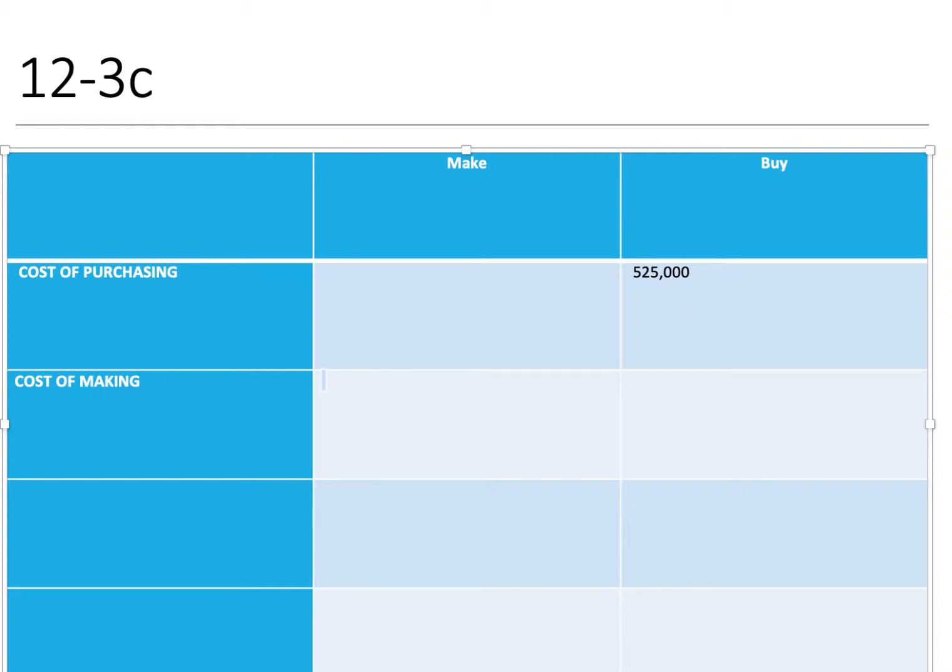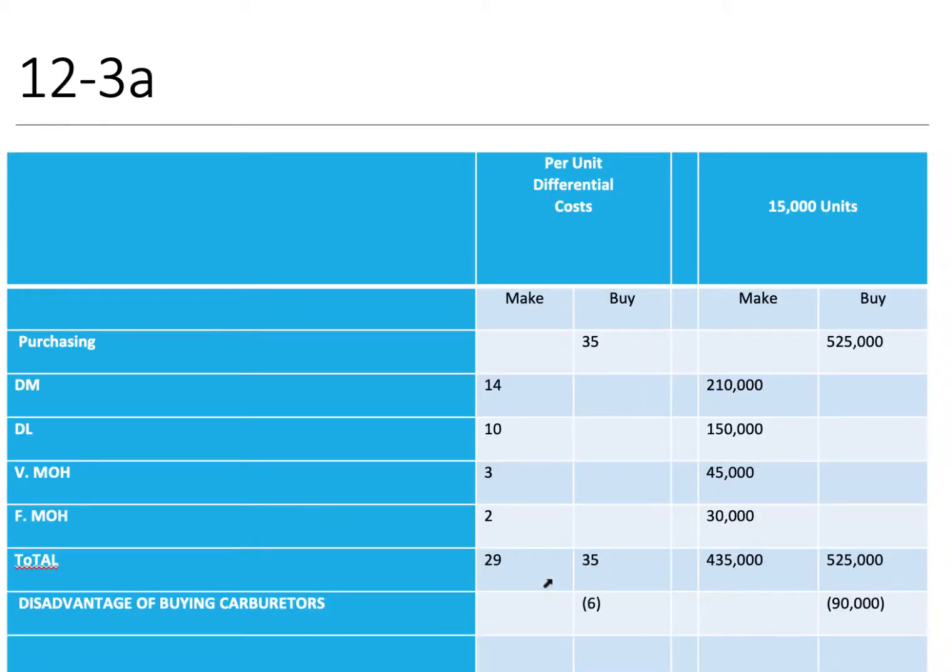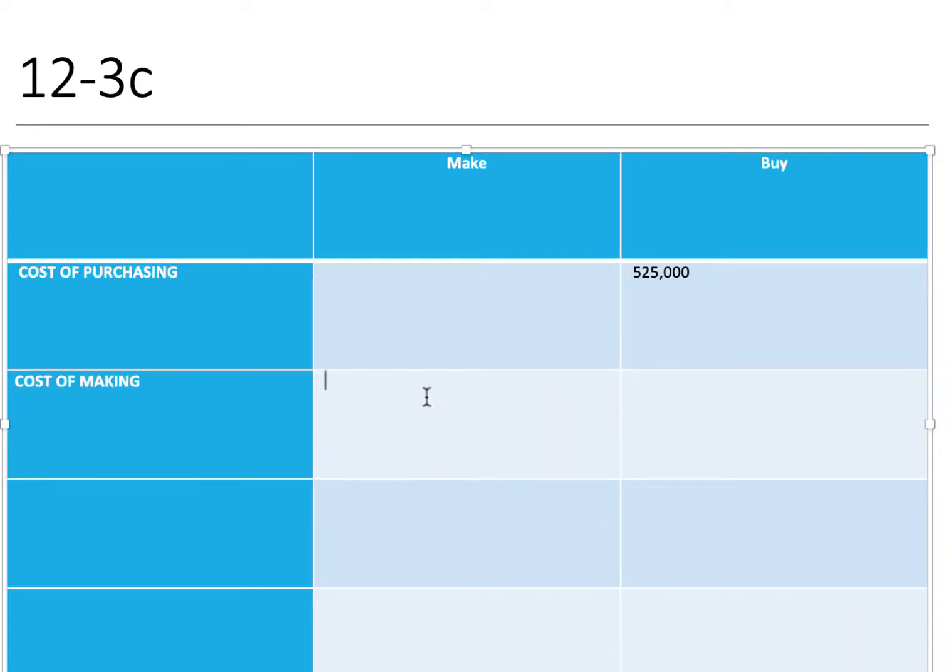The cost of making, which we figured out in part A, or item 1, was $435,000. So I'm going to plug that in too. Now we have the opportunity cost that we have to consider. What is the opportunity cost? Well, that is the segment margin forgone, which is $150,000.